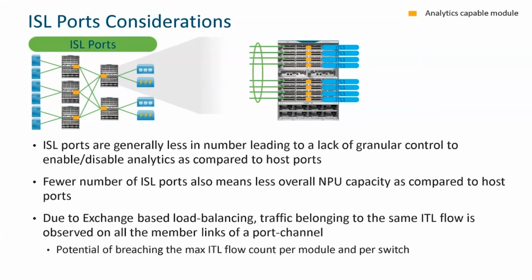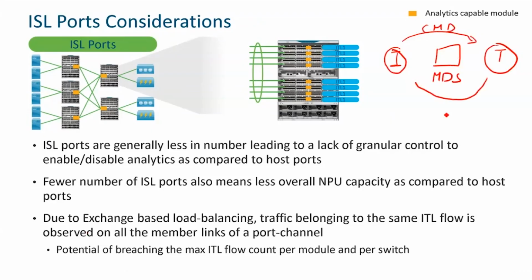The command frame is going from, and let me draw it for the sake of example here, I have an I, a T, and we have an MDS switch here. My command frame is going from initiator to target, and my response is coming back.